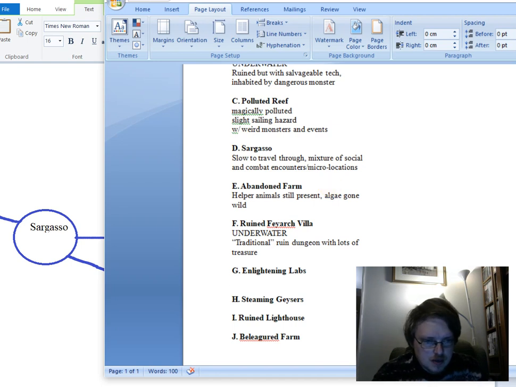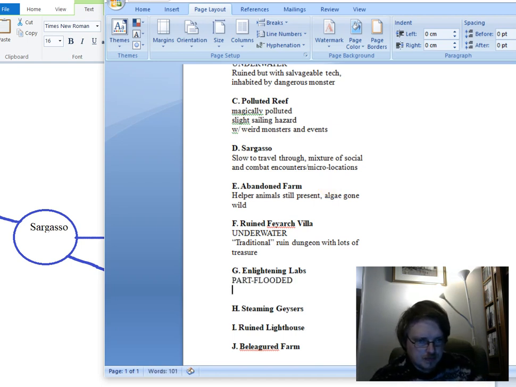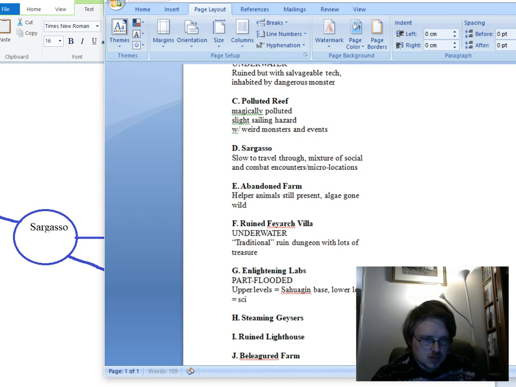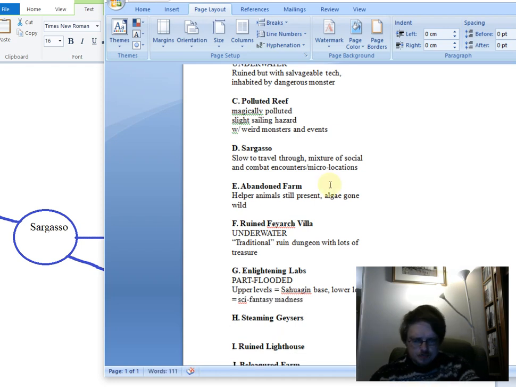Enlightening labs, part flooded. Upper levels equals Sahuagin base, lower levels equals sci-fantasy madness. Steaming geysers, hazard.